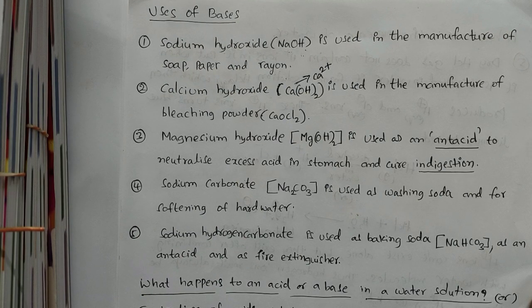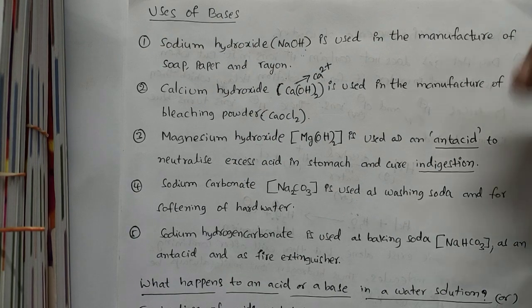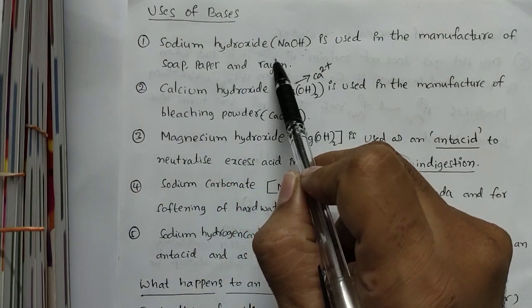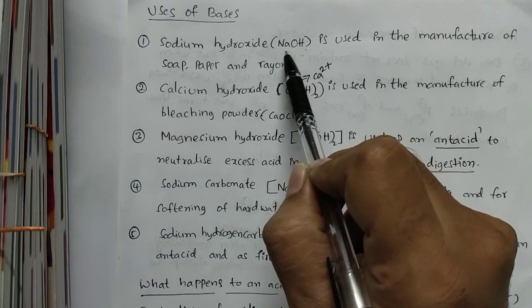So what are the uses of bases? There are some important bases that we use in our daily life. Some of them are sodium hydroxide. Its chemical formula is NaOH.